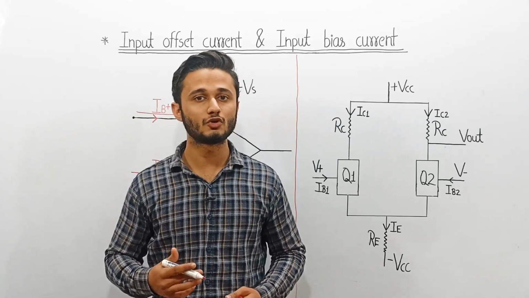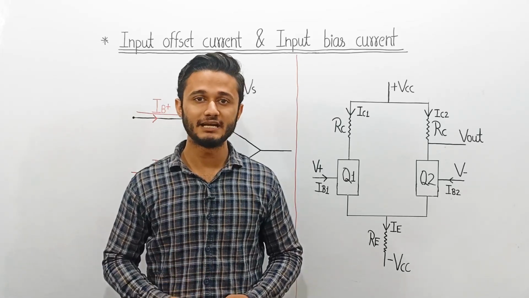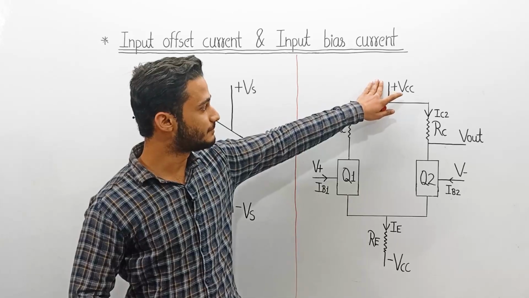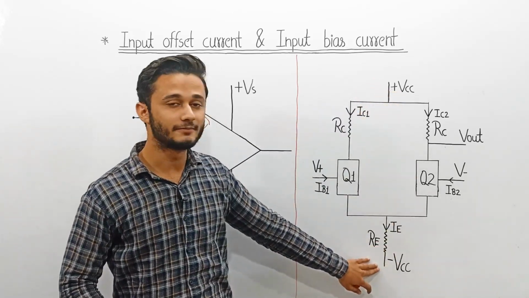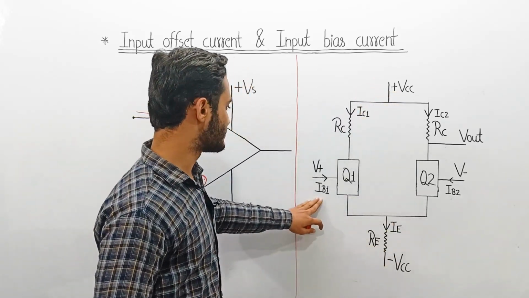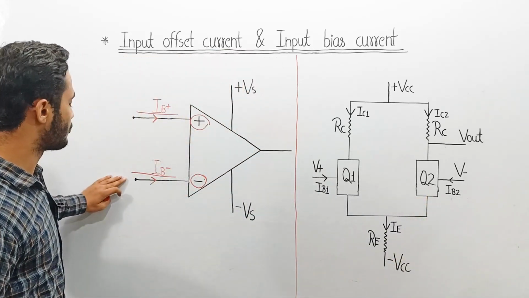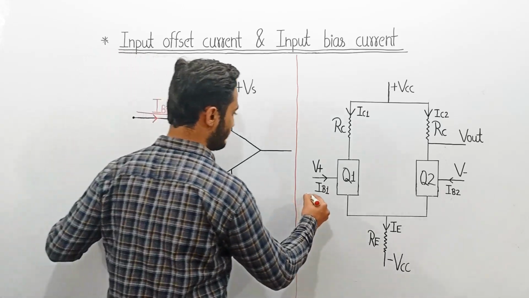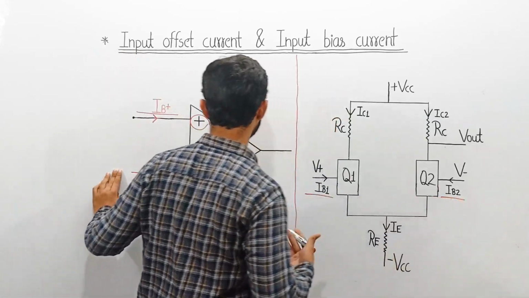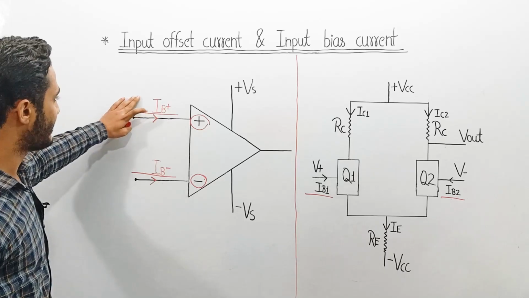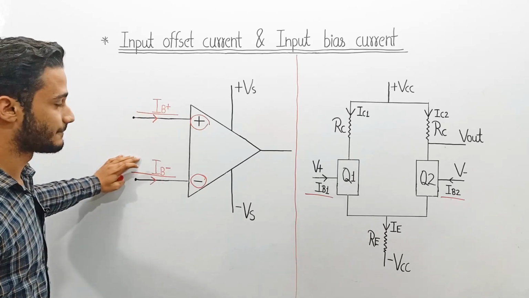These currents are also called as quiescent currents, and they are present because of these biasing voltages +VCC and -VCC. So the base terminals of these transistors Q1 and Q2 are nothing but the input terminals of this op-amp, and these base currents IB1 and IB2 are nothing but the input bias currents IB+ and IB-.